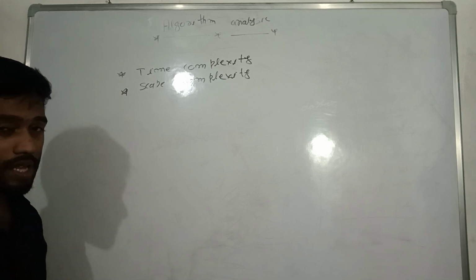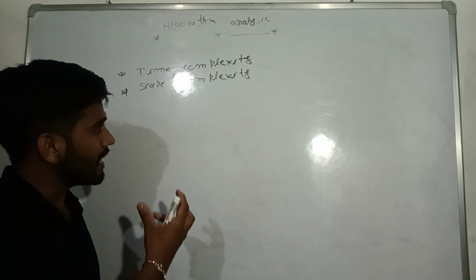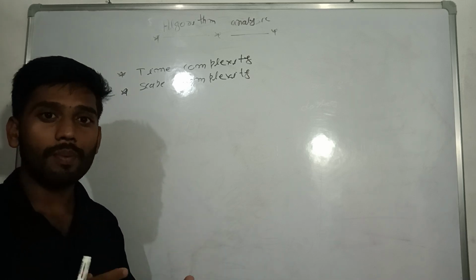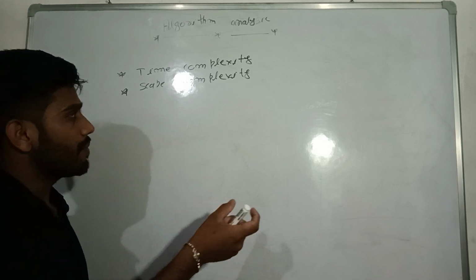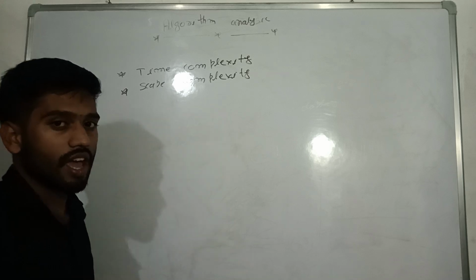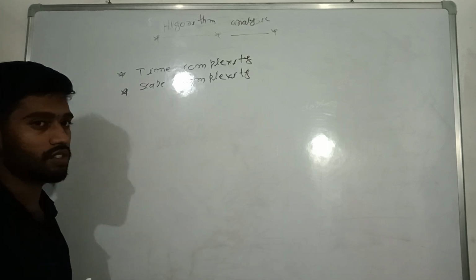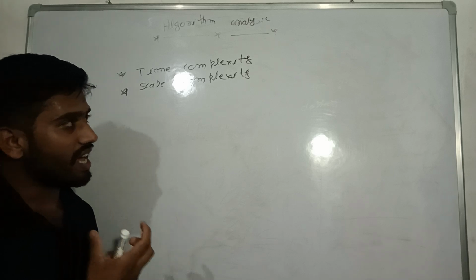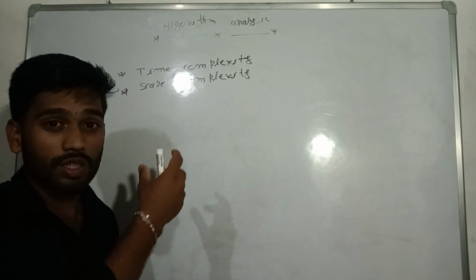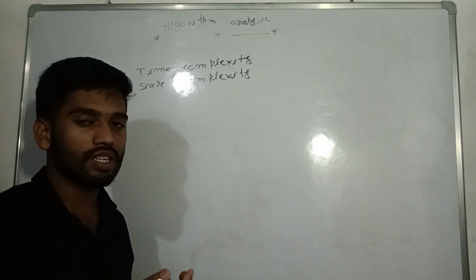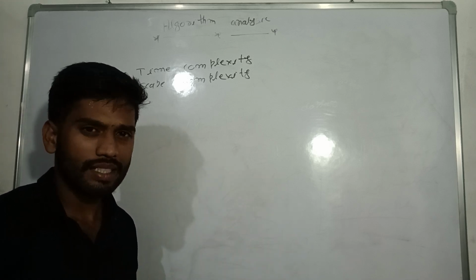And space complexity: how much space, meaning memory, is occupied by the algorithm. On the basis of time complexity and space complexity, we can analyze which algorithm is best, which is average, and which is worst, right?